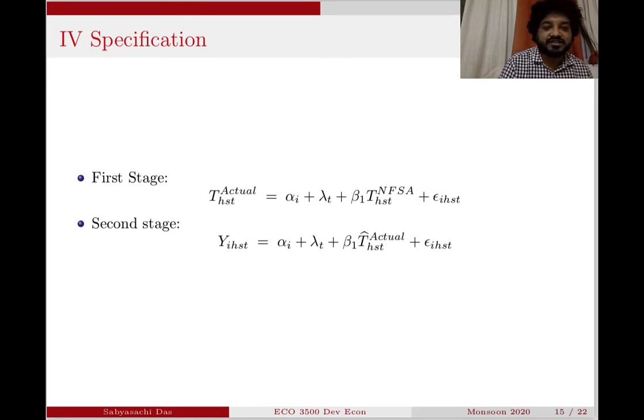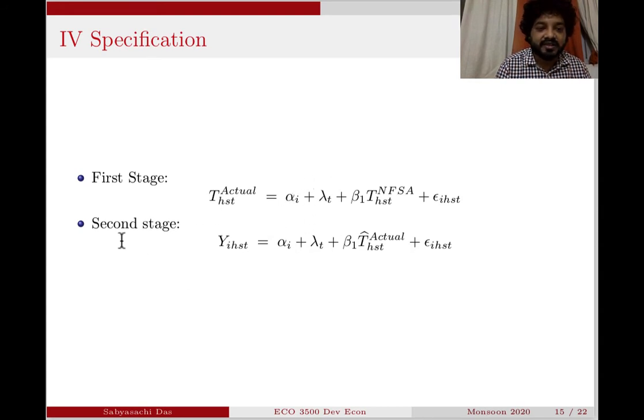So what is the first stage? The first stage is they have this transfer value, simulated one based on NFSA stipulations, and the actual transfer value. So they regress actual on NFSA to get the predicted value of the actual. What would be the actual value of transfer predicted by NFSA, controlling for individual specific factors and time specific factors?